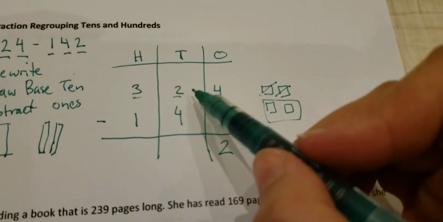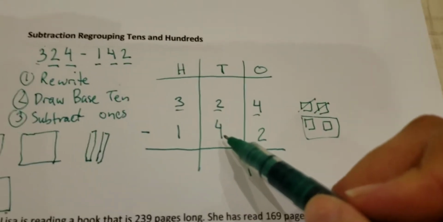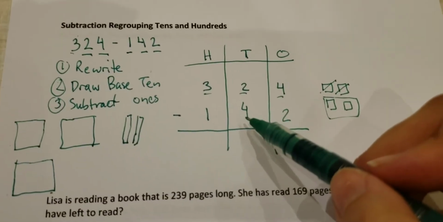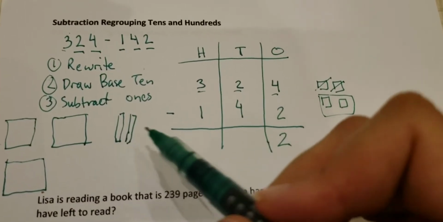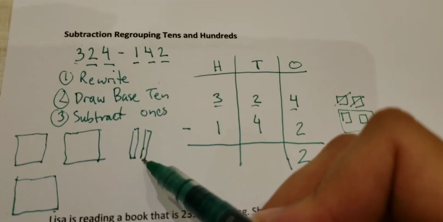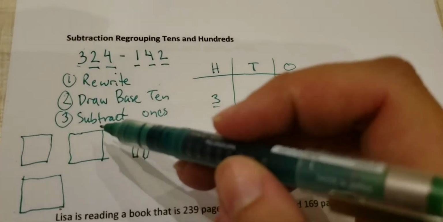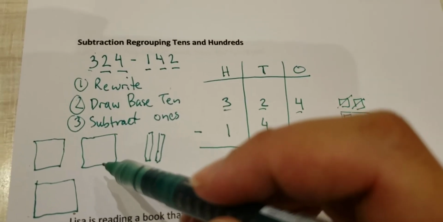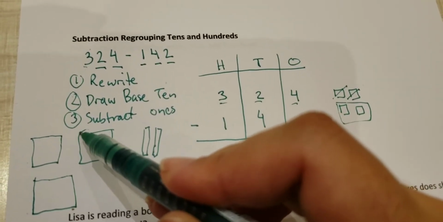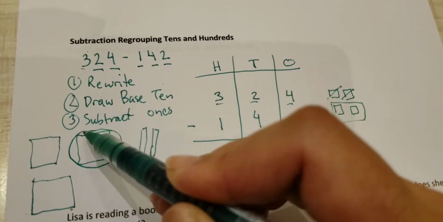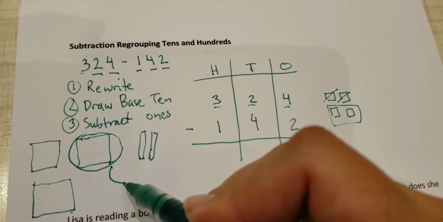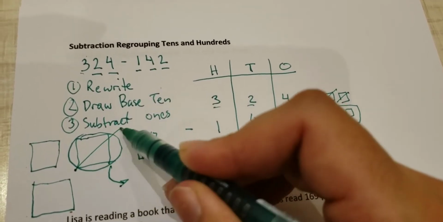Okay. 2 minus 4. Can I take 4 away from 2? Well, looking at my drawing, I only have 2. I can't take away 4 from 2. So I actually need to regroup, borrowing from one of the hundreds. So I'm going to take this one and make an arrow there and say bye-bye.